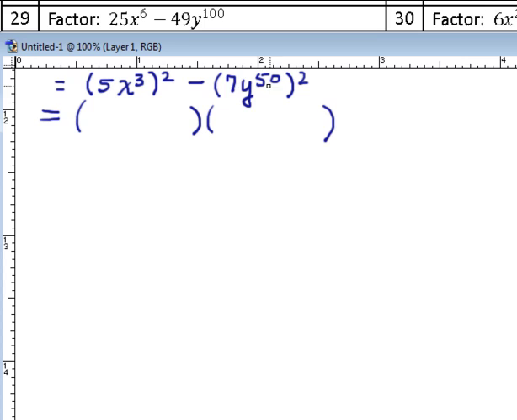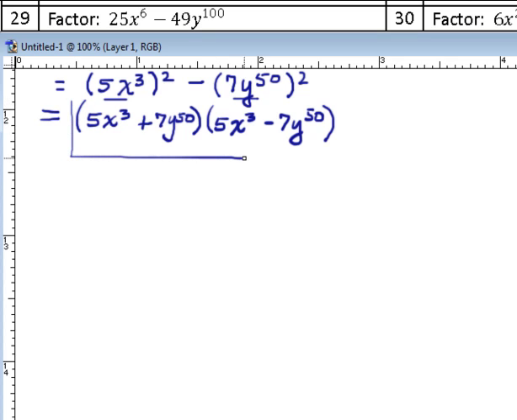So now we have a difference of 2 squares, and we just put what's in the parentheses here, 5x cubed plus 7y to the 50. And over here with a subtraction symbol in between, 5x cubed minus 7y to the 50. Okay, so that's factored.